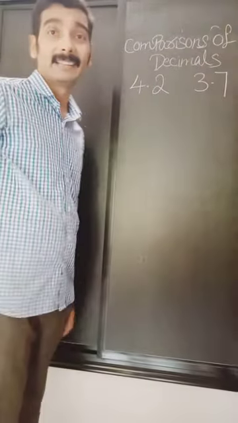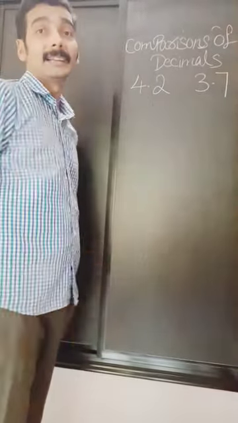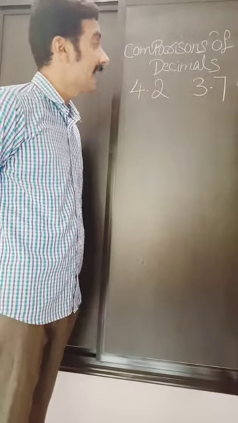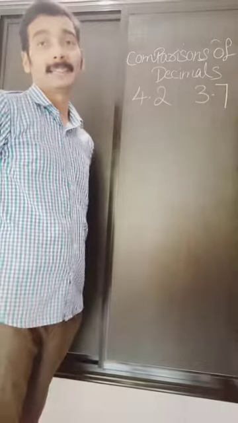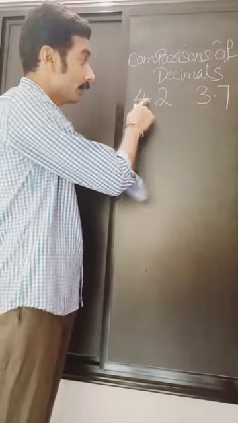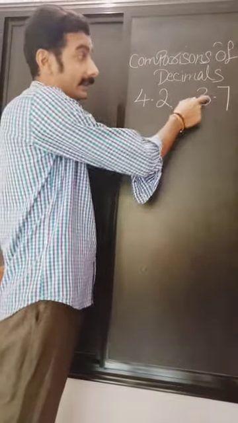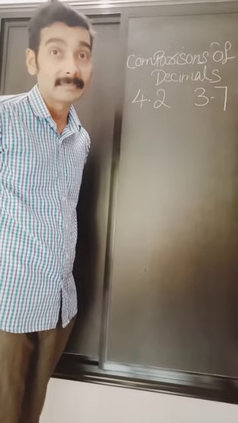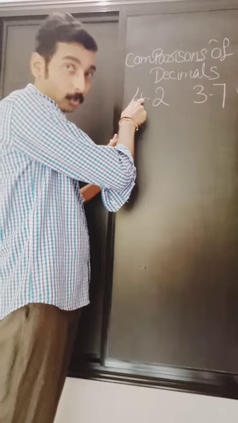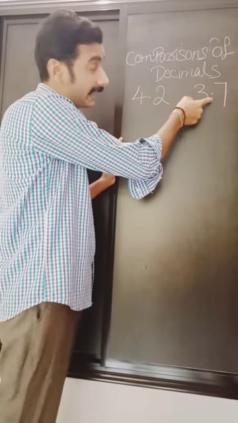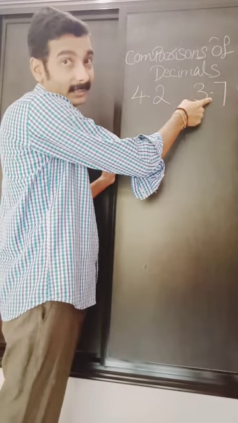Compare the decimal means which number is greater in the form of decimal. Which number, 4.2 or 3.7, is greater? 4.2 is greater than 3.7.